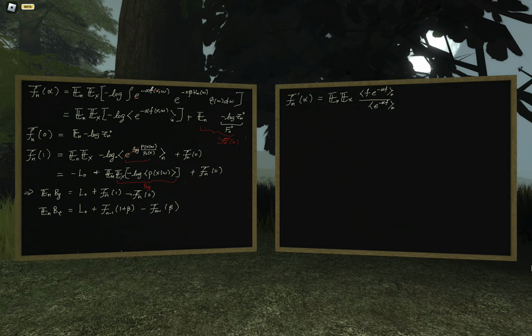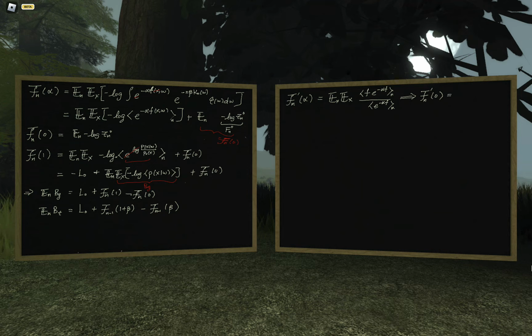Okay, so you get that expression, and as with most cumulative generating functions or generating functions, eventually you want to evaluate its Taylor series at 0. So let's evaluate the first derivative at 0.